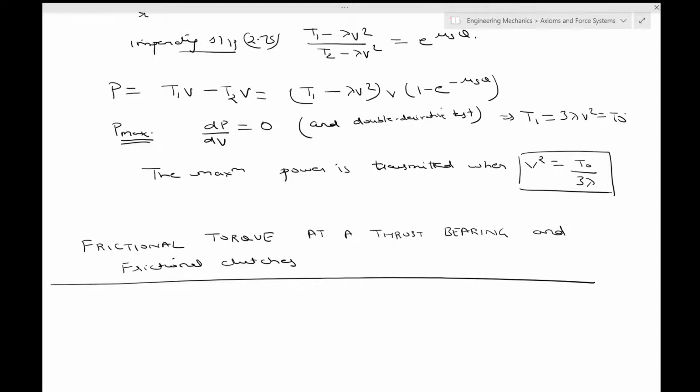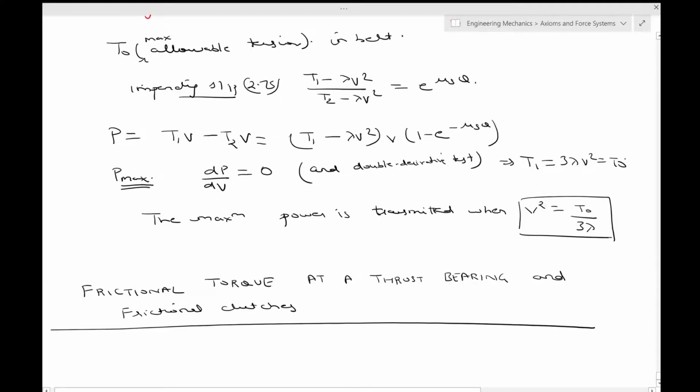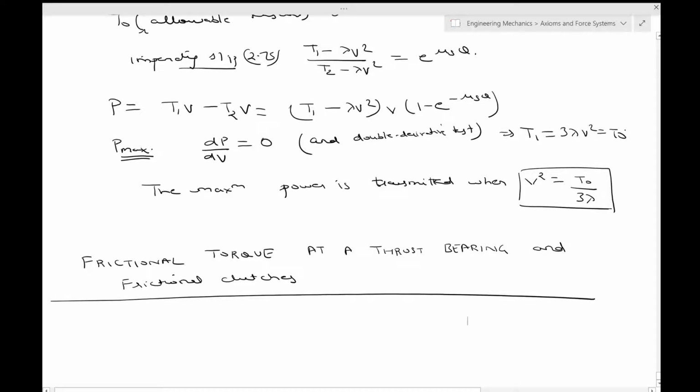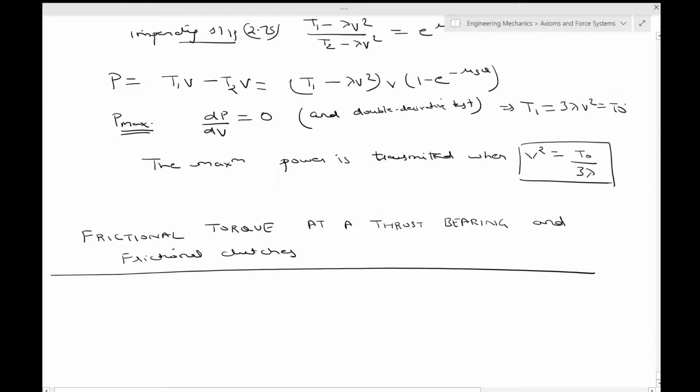So we now want to discuss the frictional torque at a thrust bearing and frictional clutches. For this, let's take a generic case first, and then we'll see how this can be seen in terms of a bearing or a clutch. I assume at this time you already know how a clutch works in an automobile.